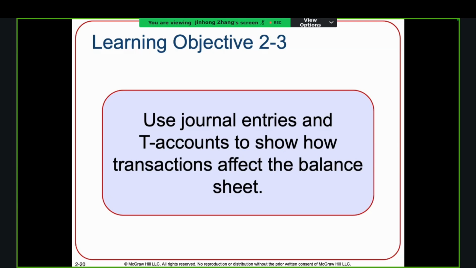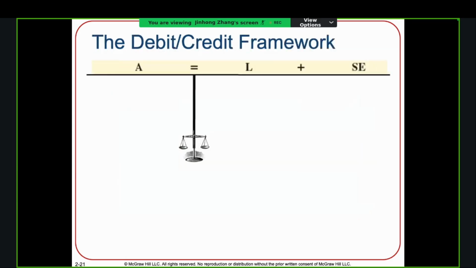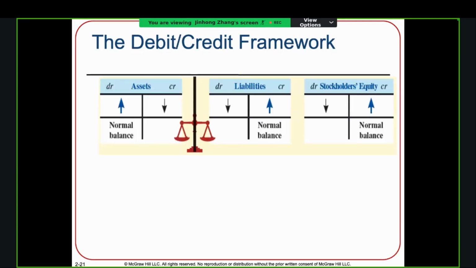But I want you to always envision the balance sheet. Whenever you debit or credit, you envision the balance sheet as an increase or decrease of assets, liability and equity, and it's easy to understand. So that's the debit and credit framework, okay?